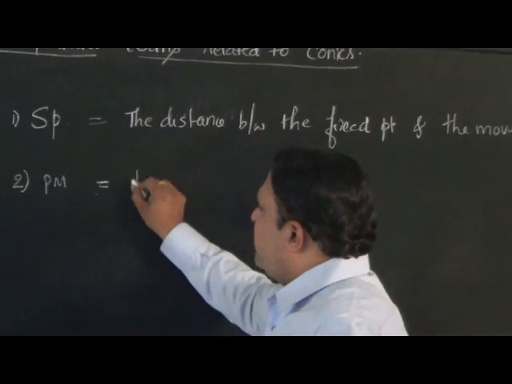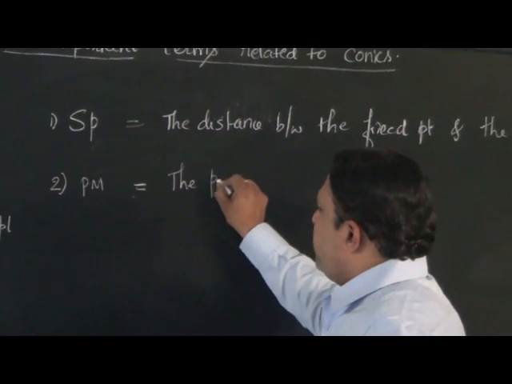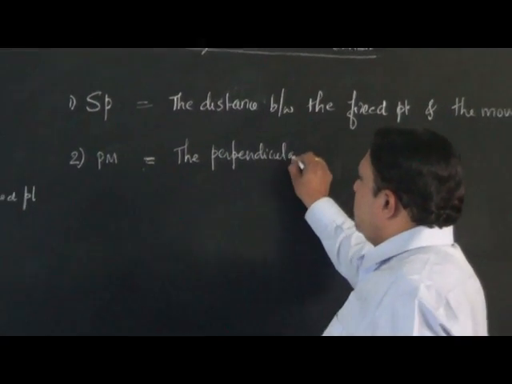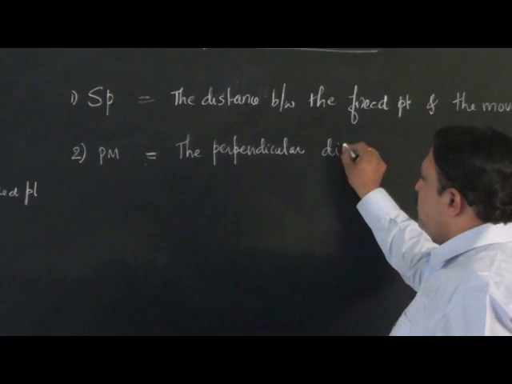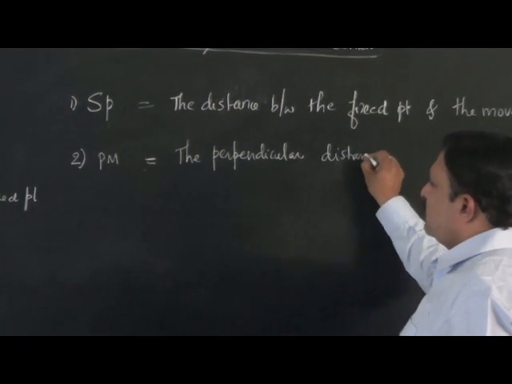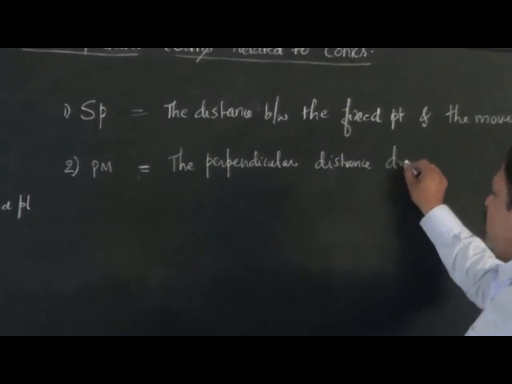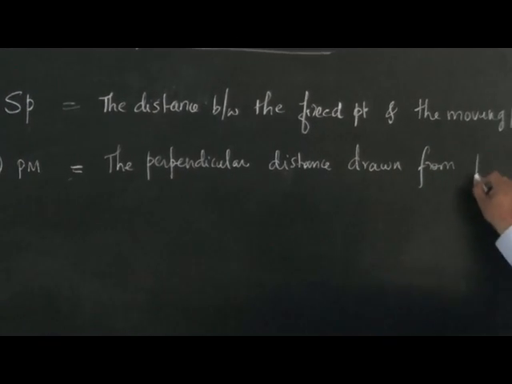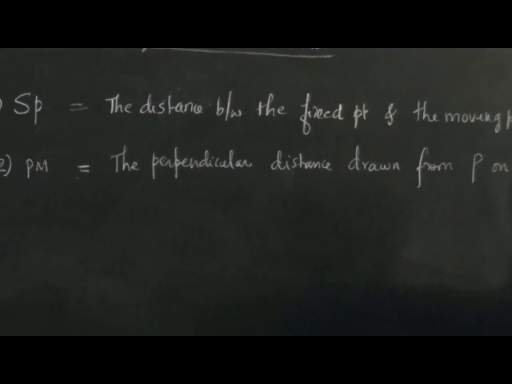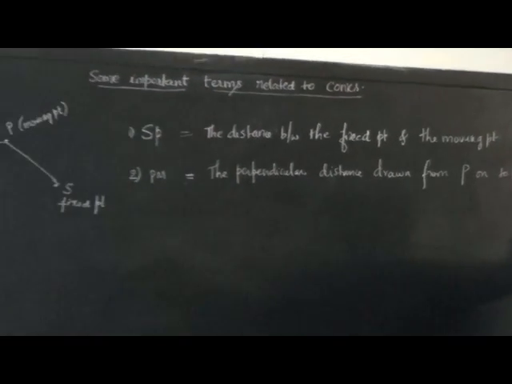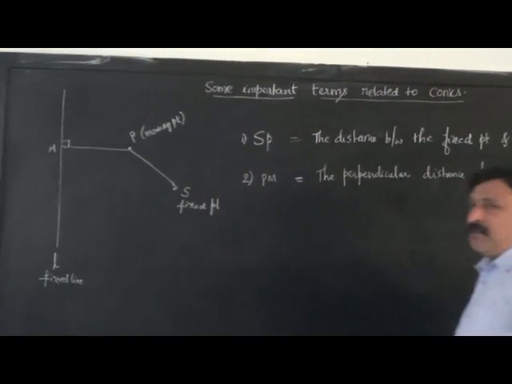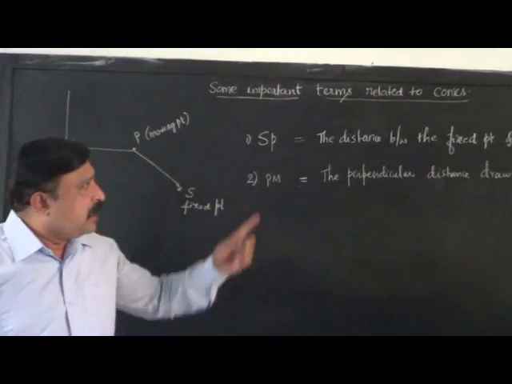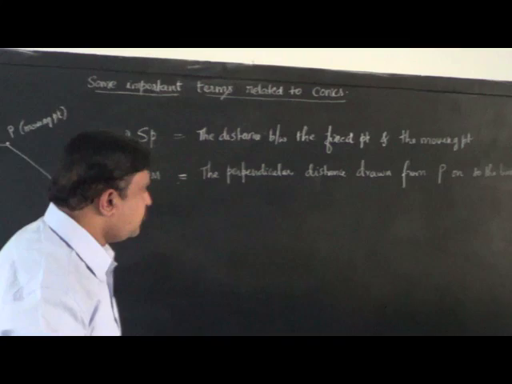PM is the perpendicular distance drawn from point P onto the fixed line. So notice these two distances, SP and PM.